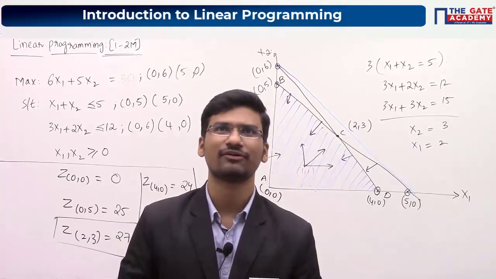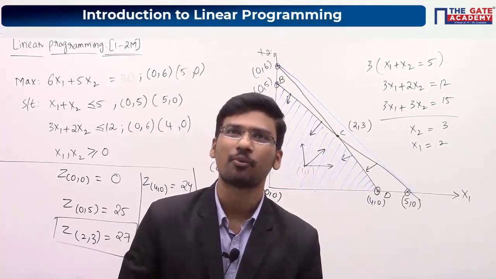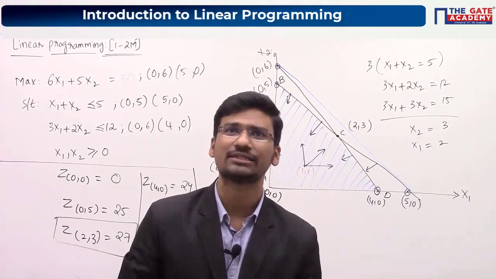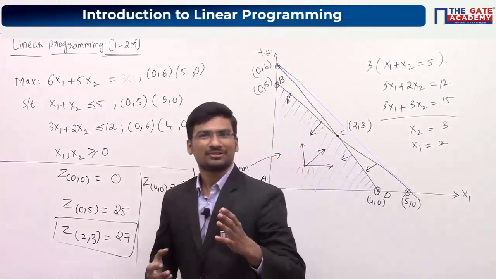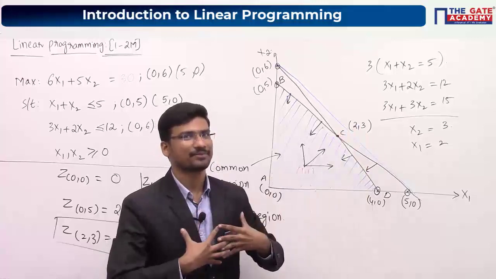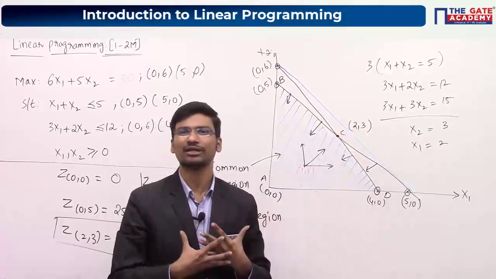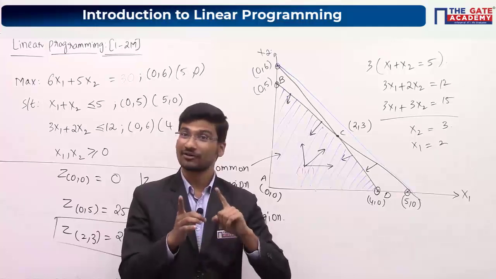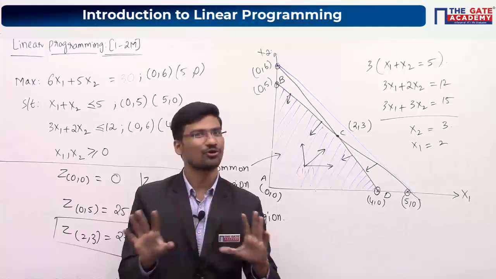See, this procedure whatever we have done is just to understand why we are considering only corner points. Already I have told you, in the GATE examination, don't follow this procedure. Don't plot the objective function line for each and every question. It will become lengthy.